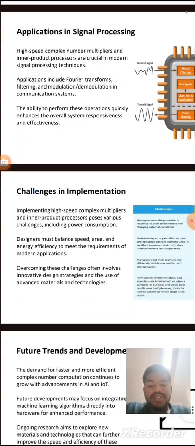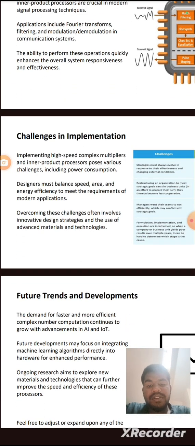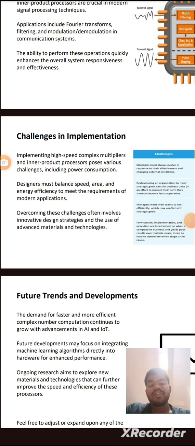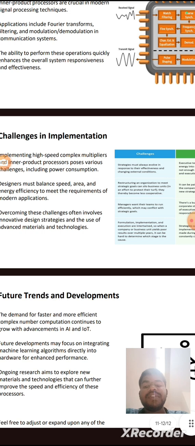Challenges in implementation. Implementation of high-speed complex multipliers and the inner product processor poses significant challenges. Designers must balance speed, area, and energy efficiency to meet the requirements of modern applications.